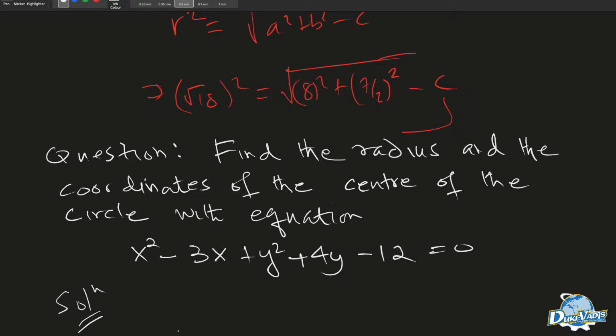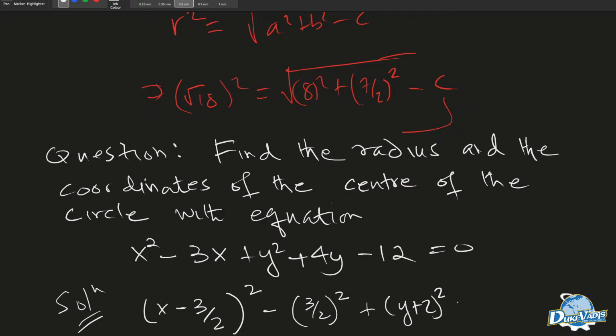So to solve this, the first one for the x will be x minus, you see the 3 over here, we divide it by 2 and square it, then we have minus the same 3 over 2 squared. Plus here we say y plus 2 squared, with 2 divided by 2, so that will be minus 2 squared, minus 12.